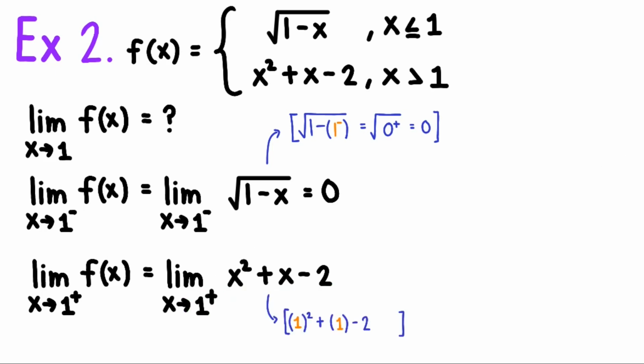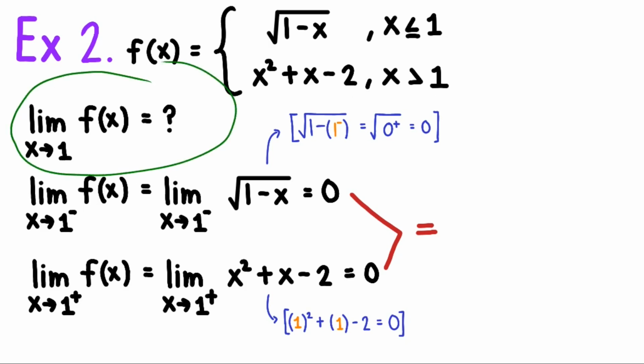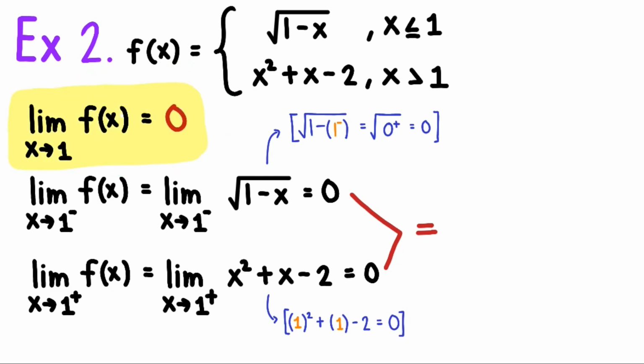So we have 1 squared plus 1 minus 2, which simplifies to 0. Therefore, this one-sided limit is equal to 0. Since these two are equal, we conclude that the limit of f of x as x approaches 1 is equal to 0 by our remark earlier. So that is the answer for this problem.